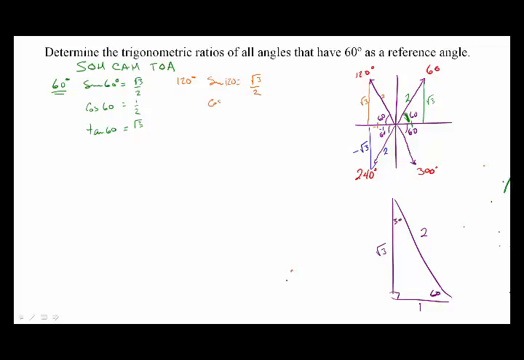Cos 120 equals negative 1 over 2. Tan 120 is root 3 over negative 1, which is negative root 3.